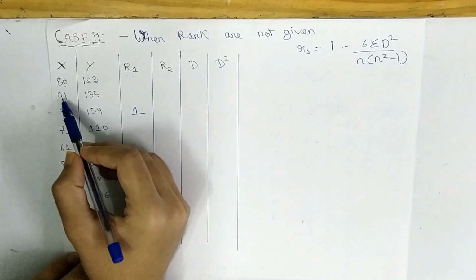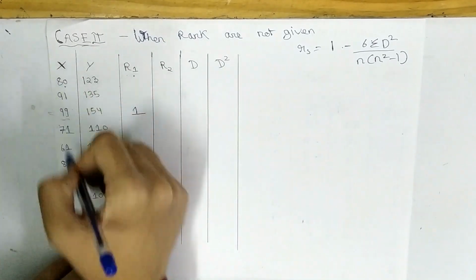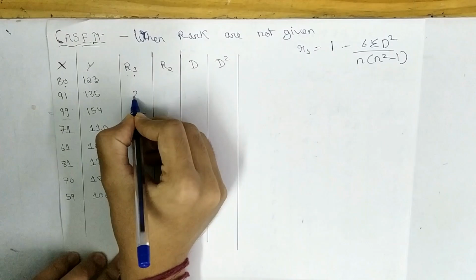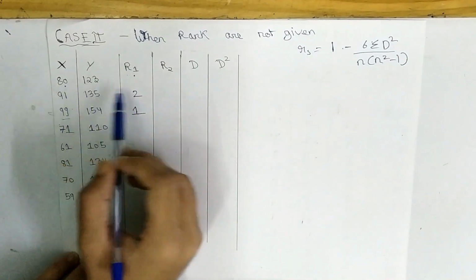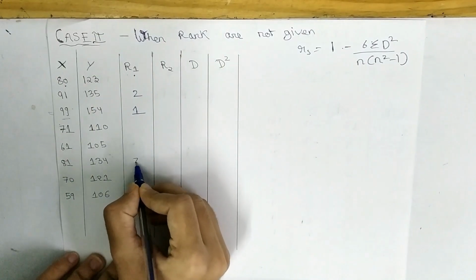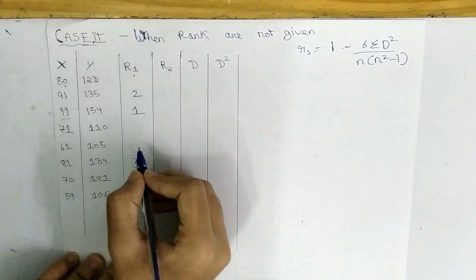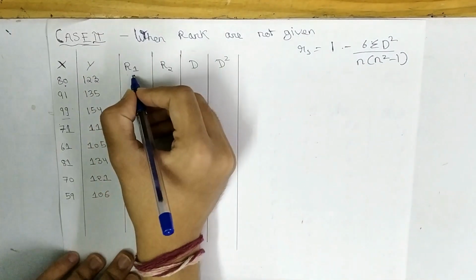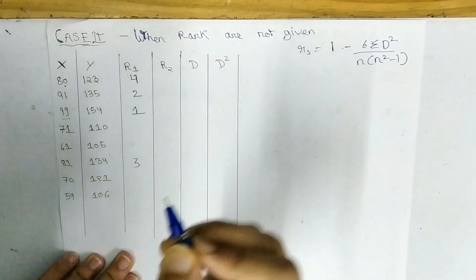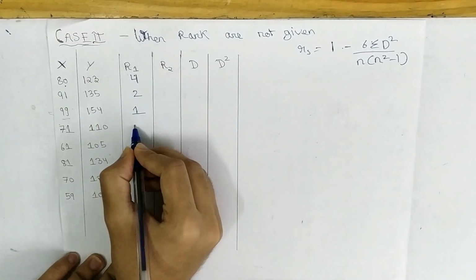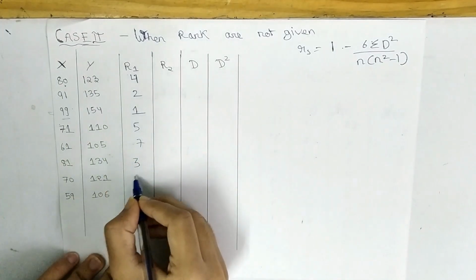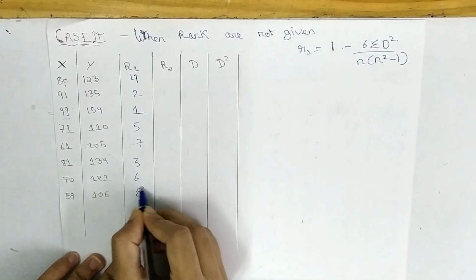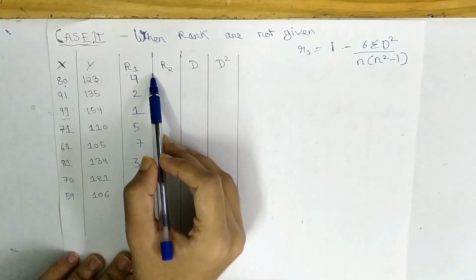After 99, 91 is the greatest number in this column. So the second rank is 91. After 91, the greatest number is 81. So rank 3 is this, and so on. We have to mark the ranks. This is 4, this is 5, this is 7, this is 6, this is 8. Now we have to find rank 2.